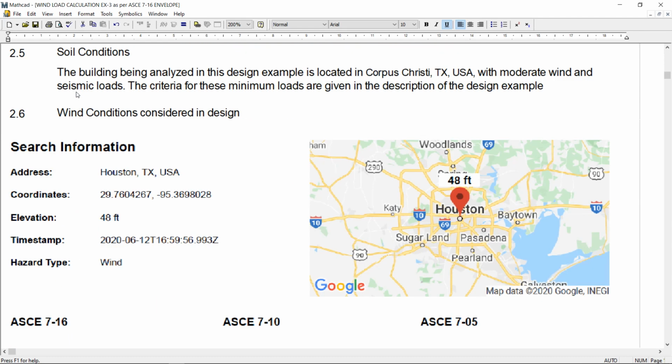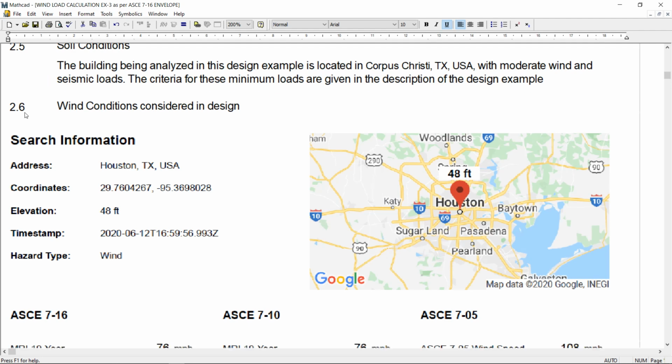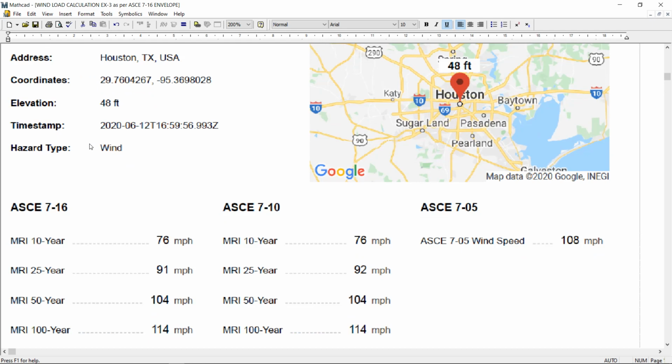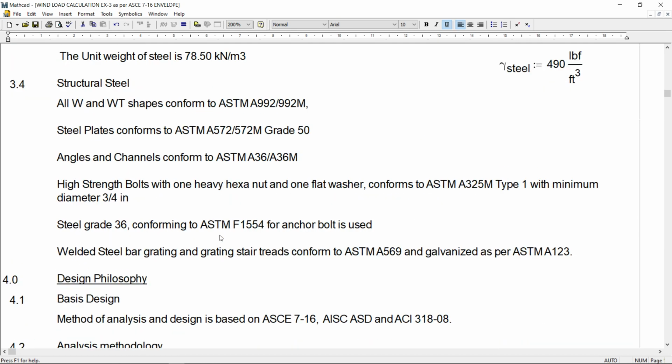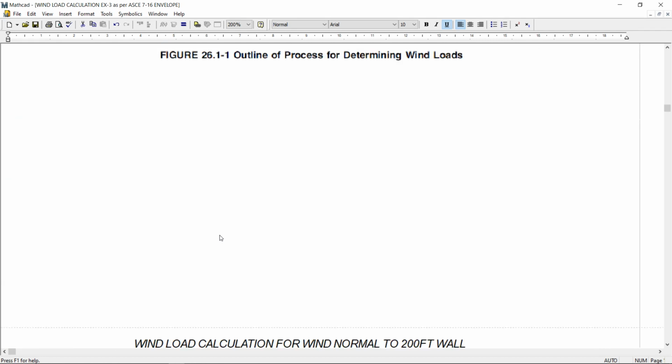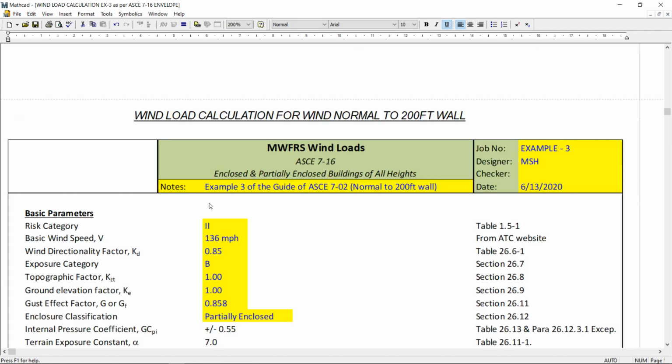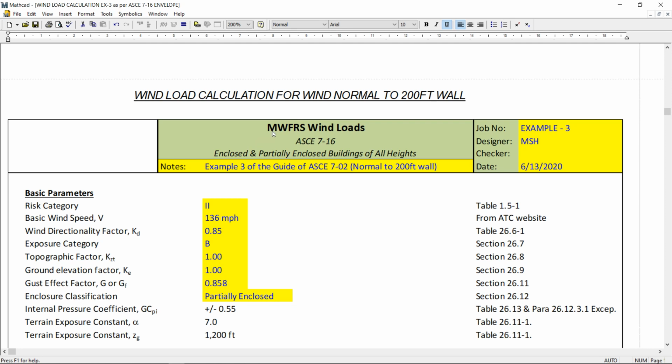Of course, in the last video I explained that I took the data from the ATC website, and the wind speed for risk category 2 was 136 miles per hour. Based on that, I calculated first the main wind force resisting system wind loads.